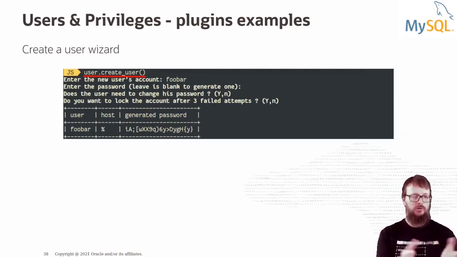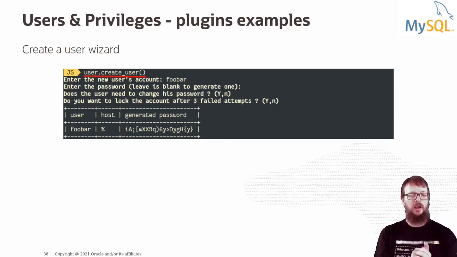So you say, oh, create user, and it's interactive. It asks you, what's the user account you want? So you add the name. Do you want to set the password or just leave it blank and it will be random? Then, does the user need to change its password the first time it connects? Do you want to lock the account after 3 failed attempts and stuff like that?